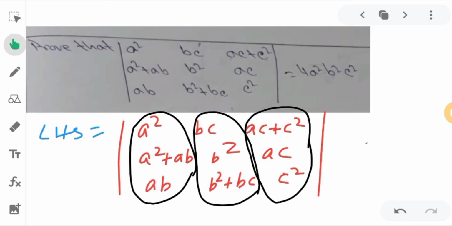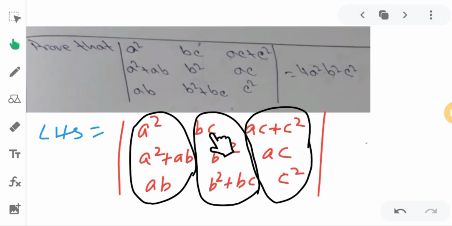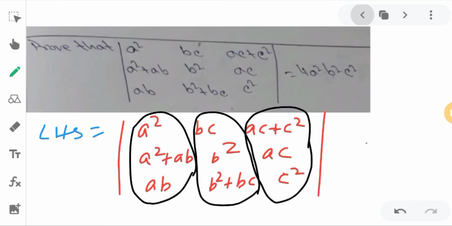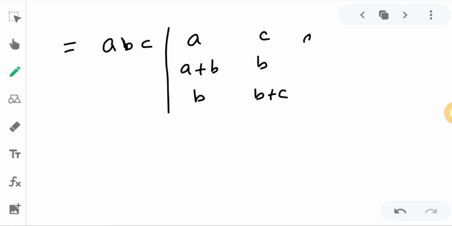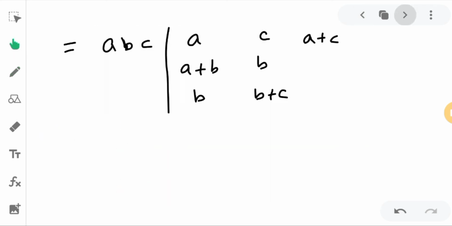In the same way, I will take B common from the second column, then it will remain as C, B and B plus C. Similarly, from the third column I will take C common, so it will remain A plus C, and here A and here C. So it reduced like this.